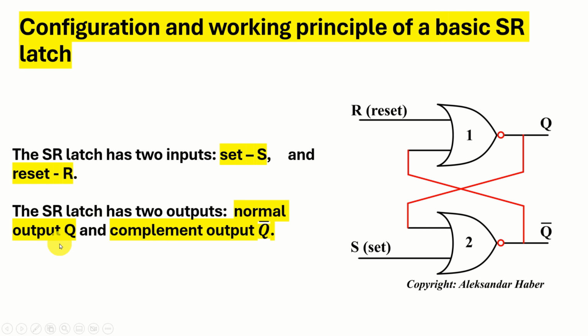As written over here, the normal output is a logical complement of the output Q bar. That is, when the normal output Q is equal to 1, the other output should be equal to 0. And other way around, when Q bar is equal to 1, Q should be equal to 0.